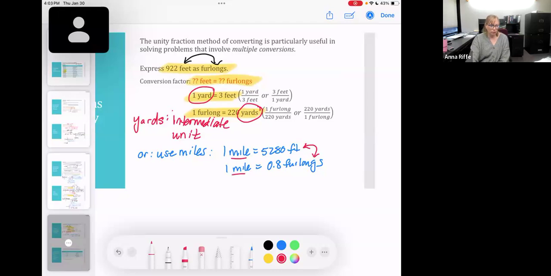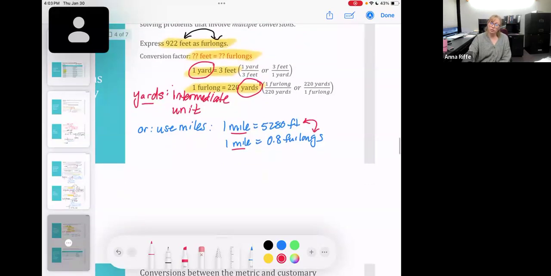So you can use either one here. I think I'm going to use yards as our intermediate unit, mostly because it's already typed out on this PowerPoint, but you could use miles. Our process doesn't change though. We just have 2 different fractions to deal with.